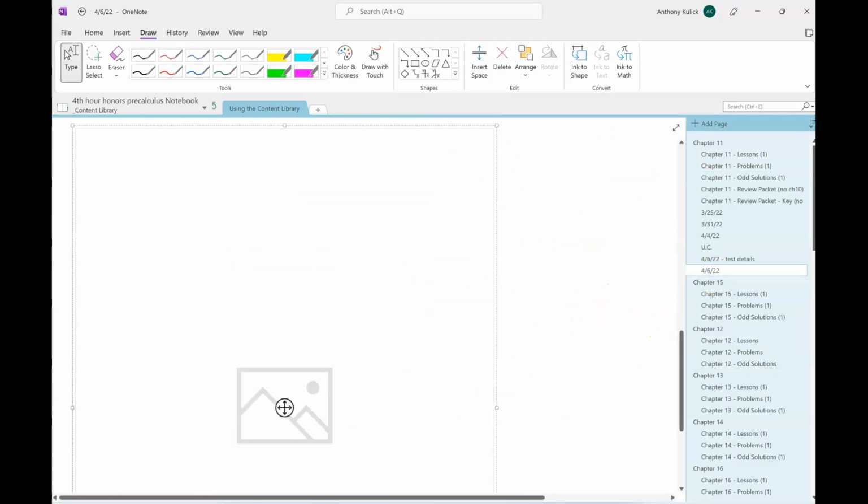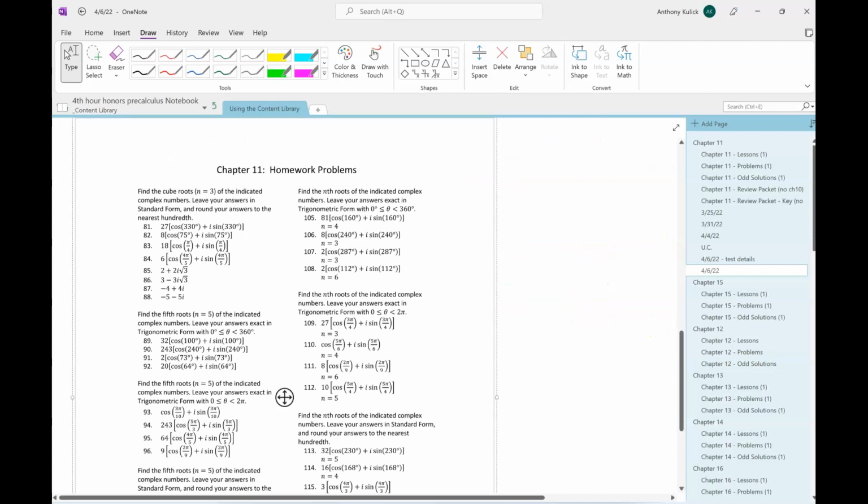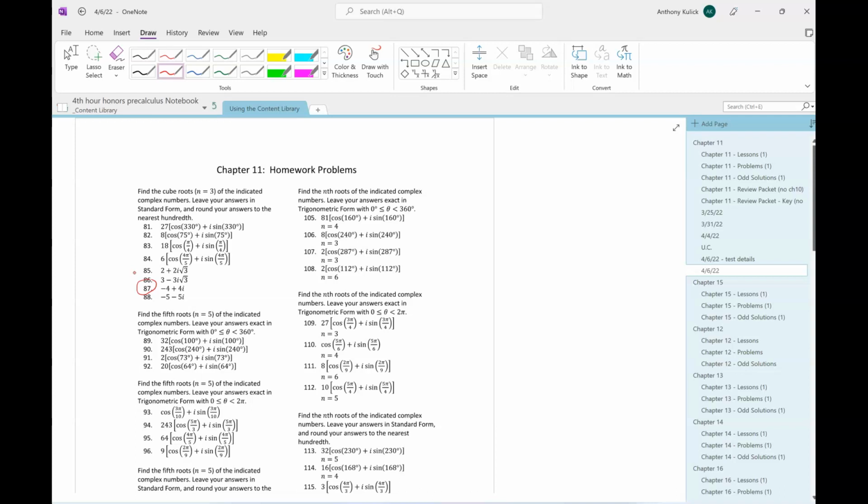87. So we want to do the cube root of these guys, and they want their answer back in standard form. I think the answer in the back of the book is wrong on this one, just flat out wrong. But we'll do it.